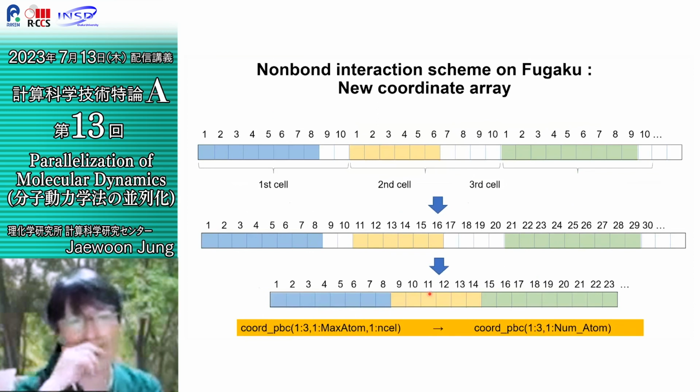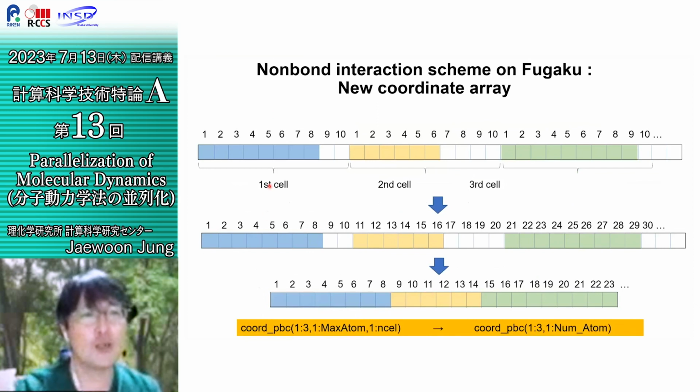Based on this, originally we made atom indices in each cell. But finally, we thought that it's better not to use cell indices, but just atom indices in each subdomain in this way.